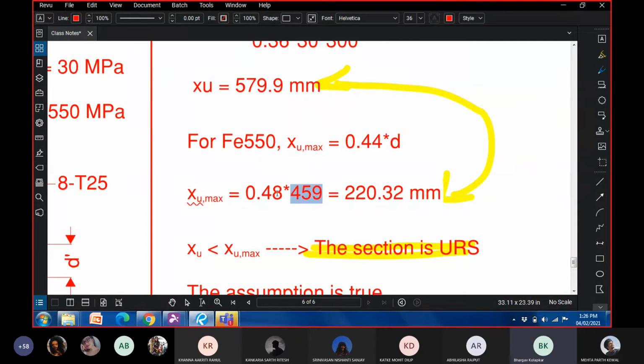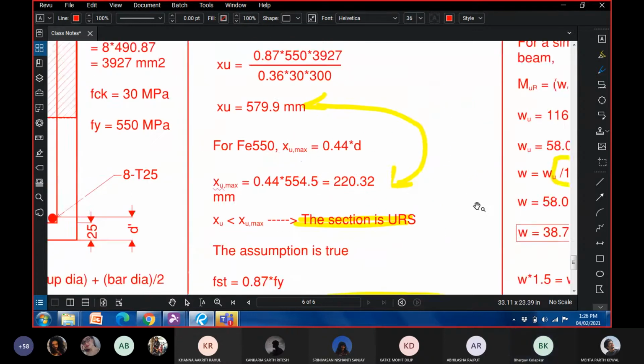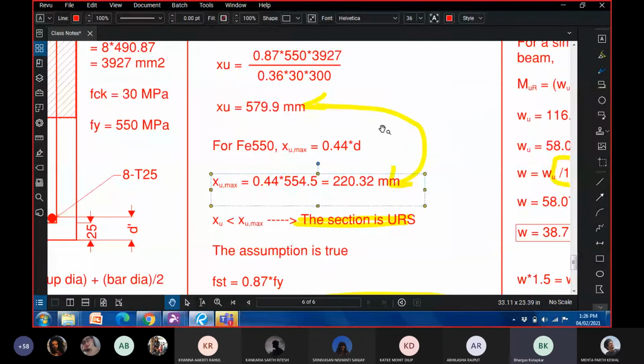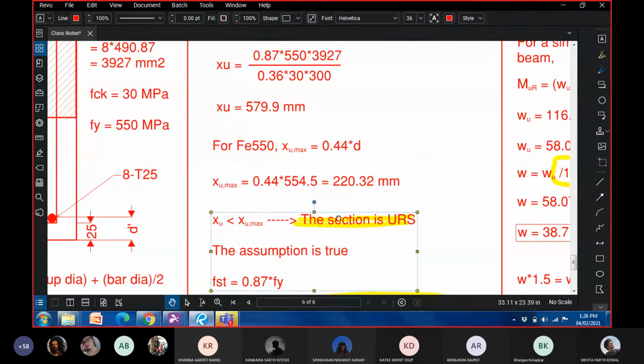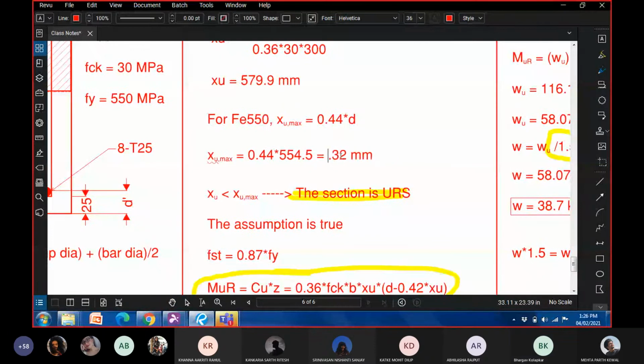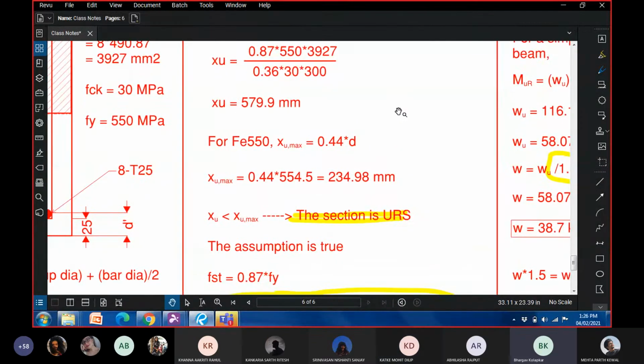So XU max is equal to 0.44 times 554.5, which is 243.9. Now, if we compare XU and XU max, what do we see?